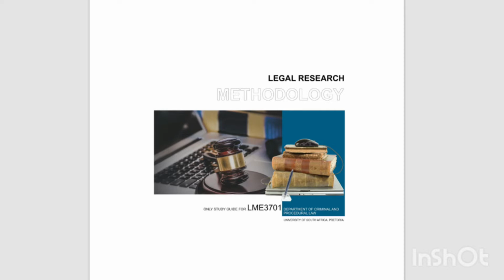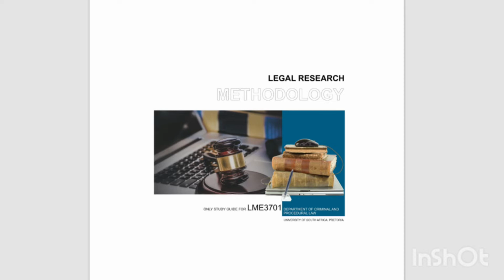First, the title page. Secondly, a proposed title or working title. Third, introduction. Fourth, a problem statement. Fifth, a hypothesis deduced from the problem statement. Number 6, points of departure and assumptions.